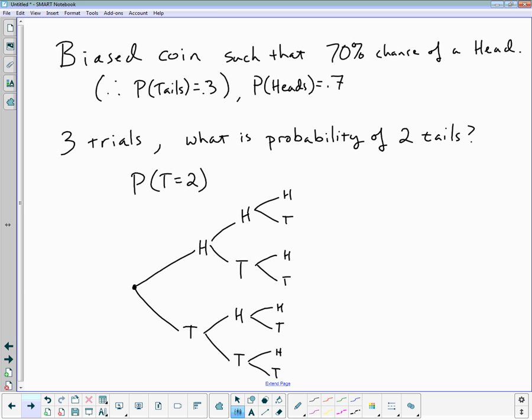Anything more than this is probably becoming burdensome, but for a small number of trials, I should be able to ask you to set up a tree like this and come up with your values. It is totally within the realm for me to ask you to solve this problem using a tree, and then solve it using a binomial distribution. I'm going to show you both of them in this example. Heads is a 70% chance, that's 0.7, then 0.3, 0.7, 0.3, and so on.